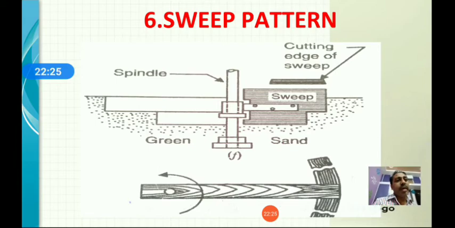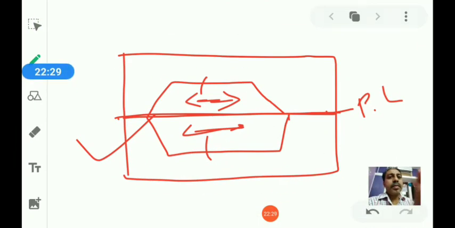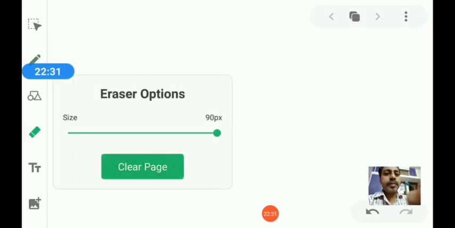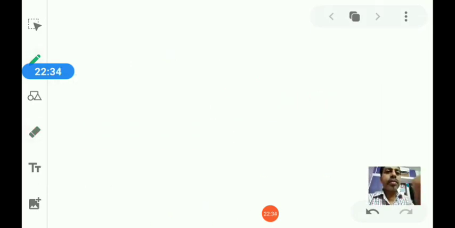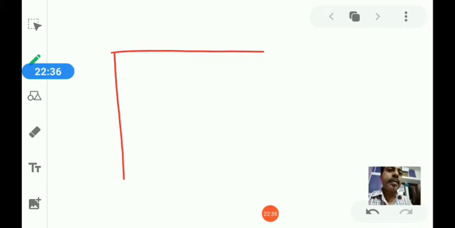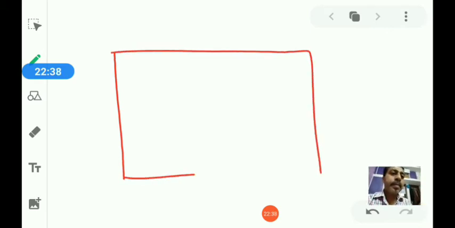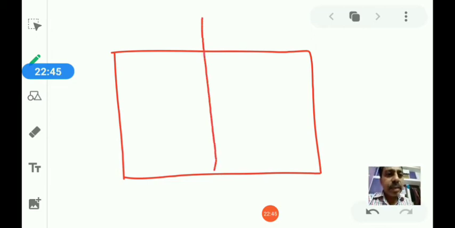So in sweep pattern, suppose this is our flask. Okay, and we can place a sweep pattern axis. This is sweep pattern axis, and here any shape is there, suppose like this shape.